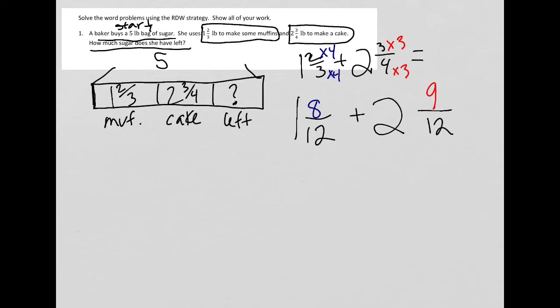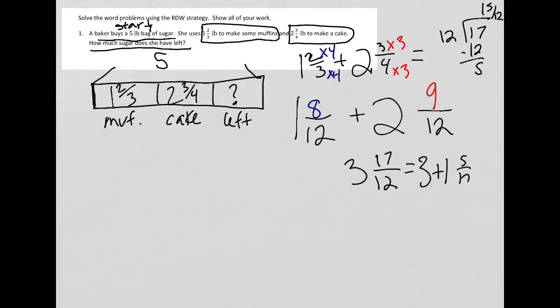When I add those together, I'm going to get 3 17/12. Well, 17/12 needs to be simplified. So I can do 17 divided by 12. And I get 1 5/12. So really this is 3 plus 1 5/12, which is 4 5/12. So in total, the amount she used was 4 5/12.